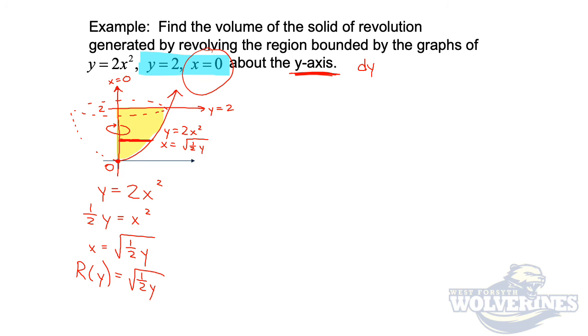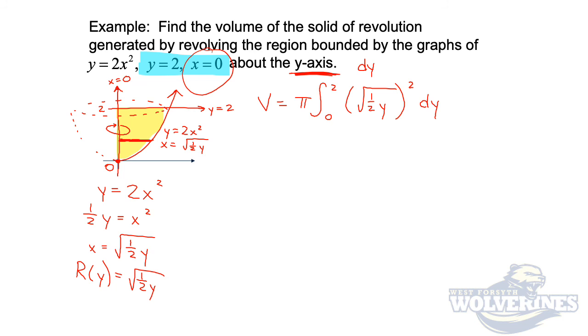So our radius function in terms of y, the right is root 1/2 y and the left is 0. Right? Because it's just x equals 0 is our left boundary here. So keeping in mind that our bounds for y are going to be 0 to 2, bottom to top, and our right minus left is just that root 1/2 y minus 0, pi r squared h.